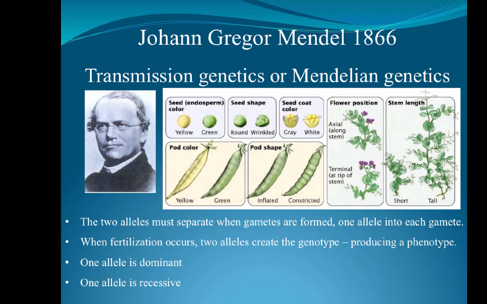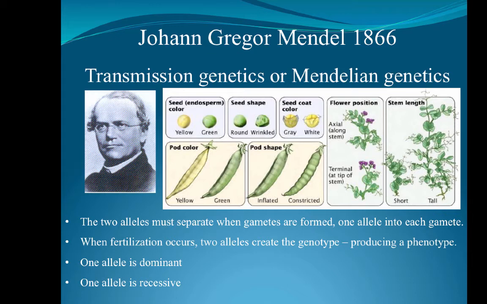So, some of the take home messages from what Mendel found was that there are 2 alleles that are going to be contained in the system, and when they separate is when the gametes are formed, and one allele is going to migrate into each gamete.